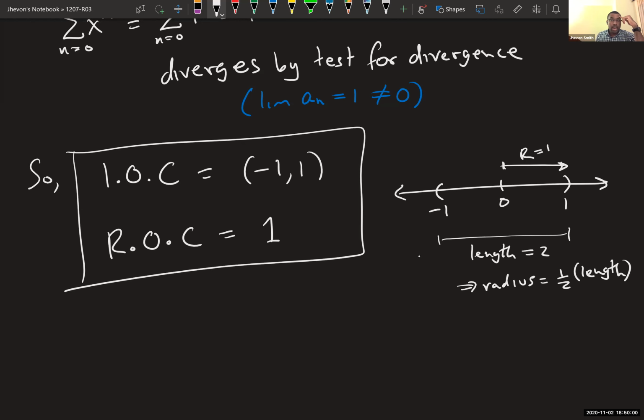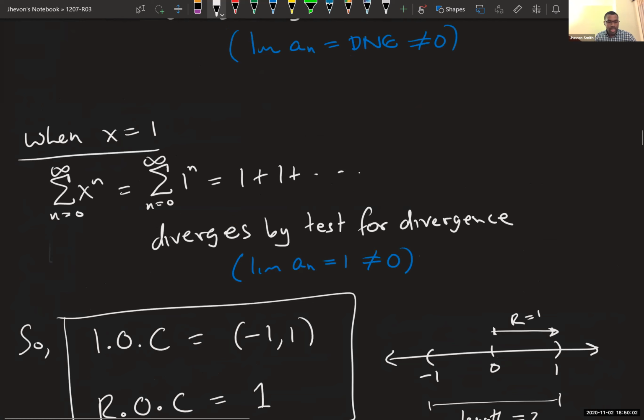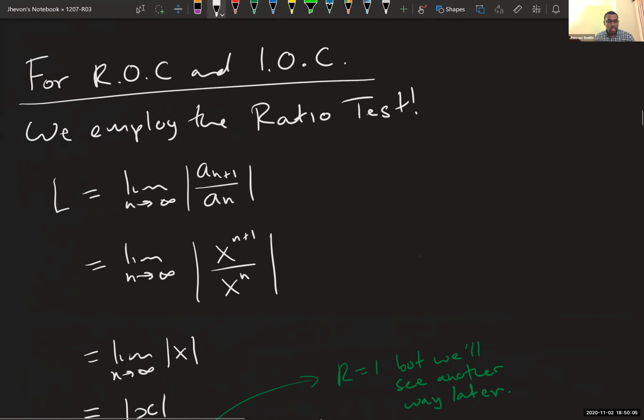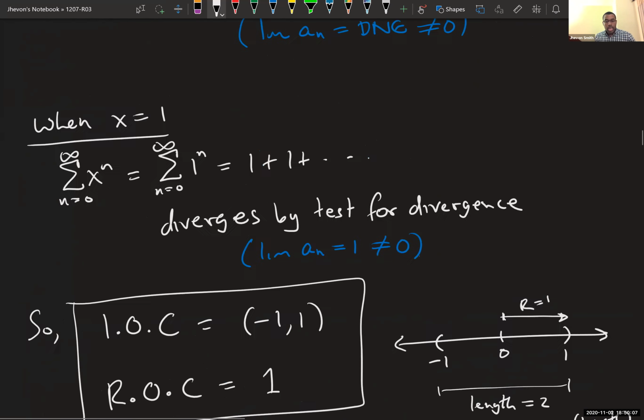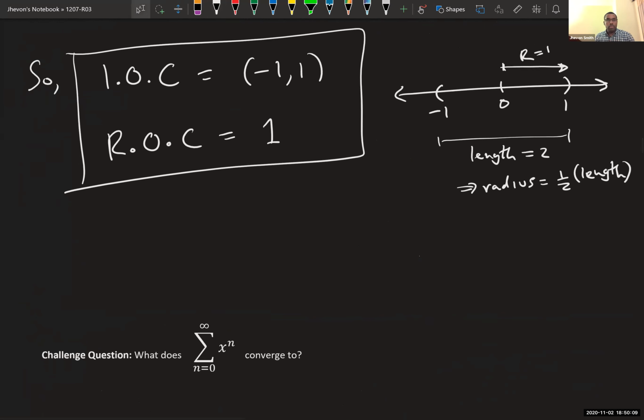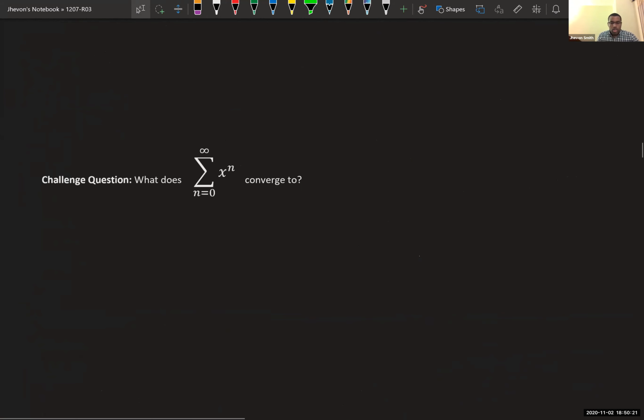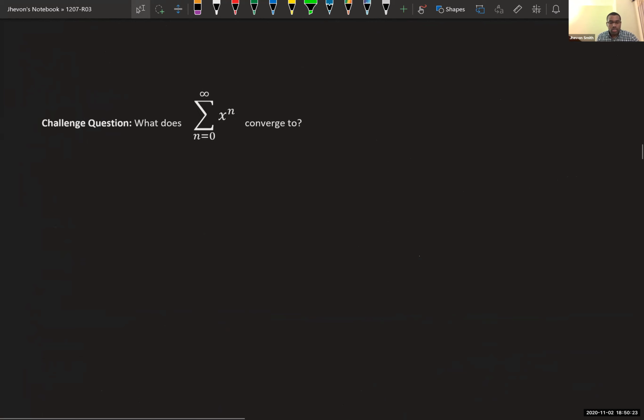So in this case, we have this series, the series of x to the n from 0 to infinity. It converges absolutely within this interval. I can plug in any x value I want between -1 and 1, and it will converge absolutely. It converges with a radius of convergence equal to 1. So the question is, what does this converge to?